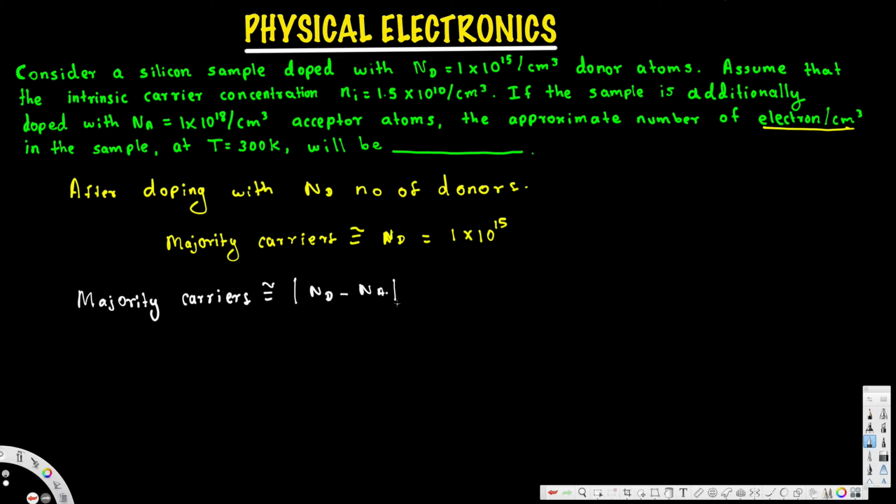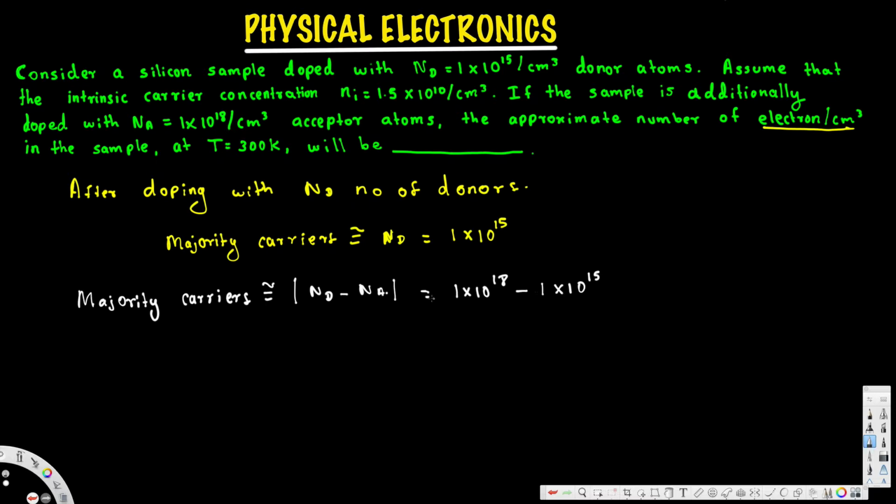Okay, now if you look at this, we have Nd that is 1 × 10^15 and Na that is 1 × 10^18. So whichever is the bigger value is going to remain, because comparatively the smaller one is going to be neglected when you subtract, right? The sign doesn't matter because this is a magnitude, so we can write the Na first: 1 × 10^18 minus 1 × 10^15.